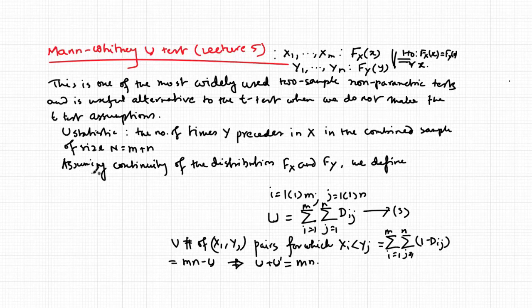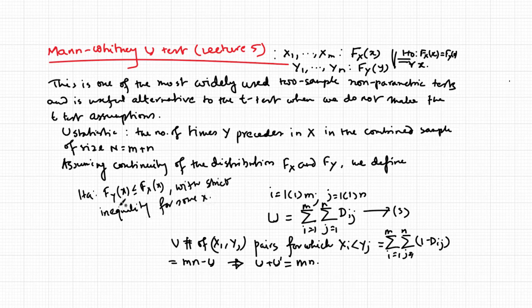When our alternative Ha is Fy(x) less than or equal to Fx(x) with strict inequality for some x, this is true when the maximum number of yj are less than xi.